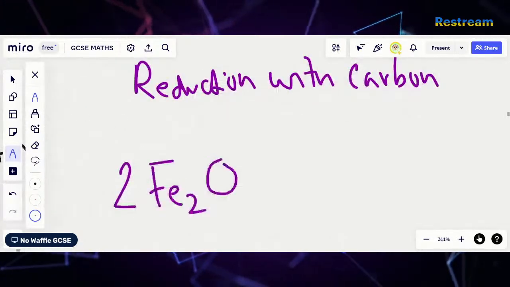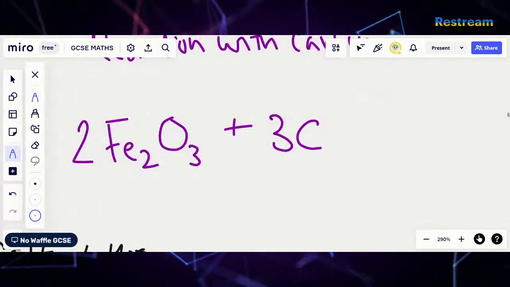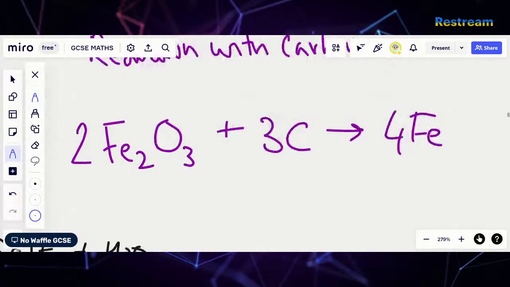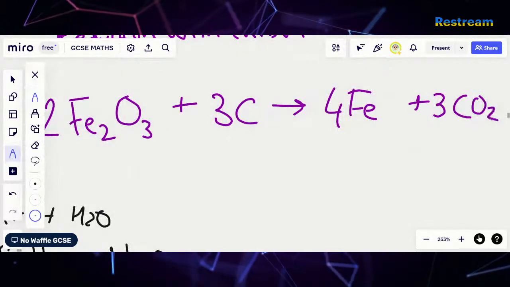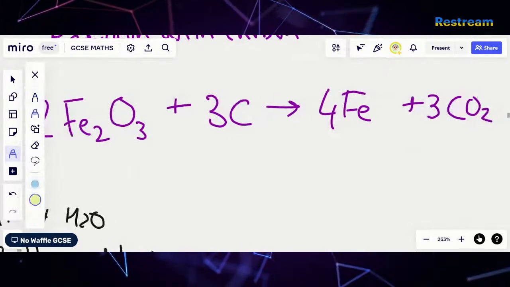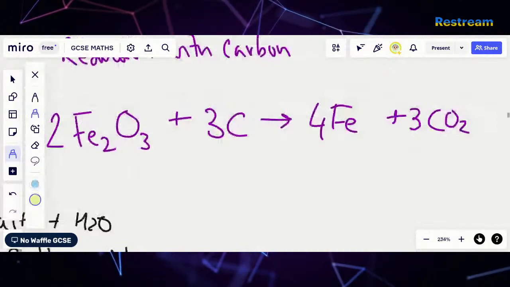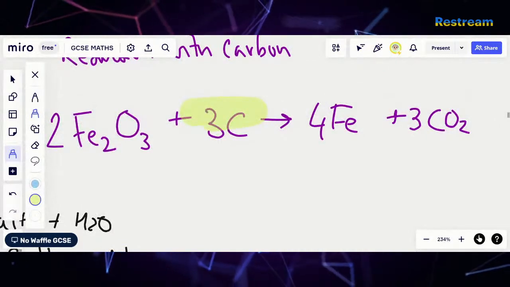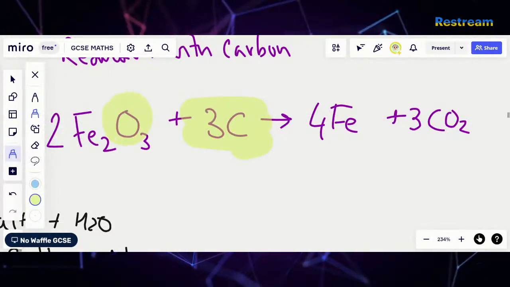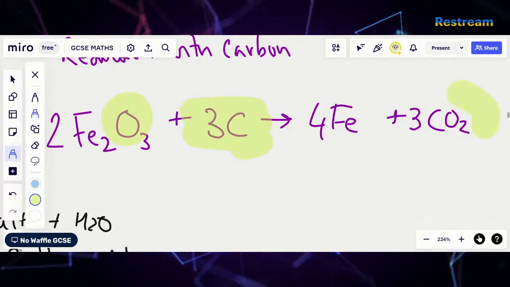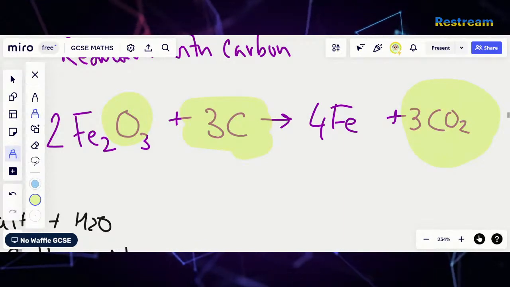We have iron oxide plus carbon creates iron and carbon dioxide. Here, if we're looking at this reaction, we see that iron is the ore because it's reacted with oxygen. By reacting it with carbon, you're getting rid of the oxygen through reduction, and carbon dioxide is formed, and iron is left.